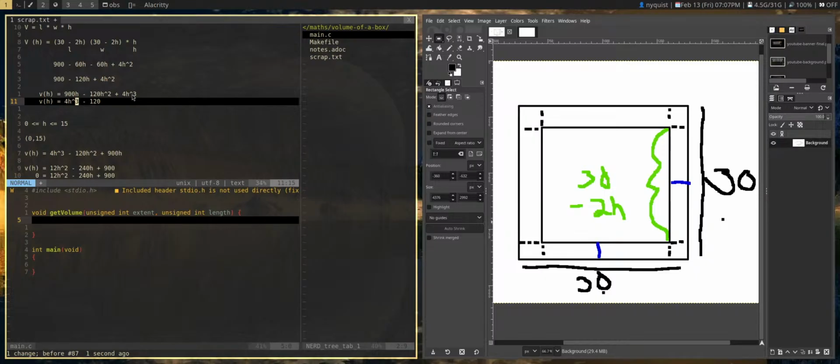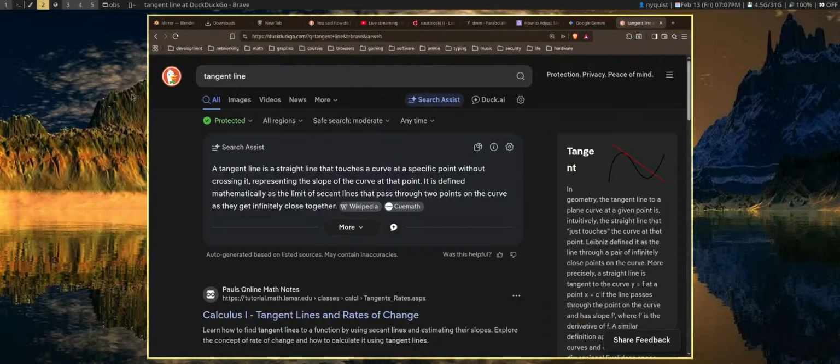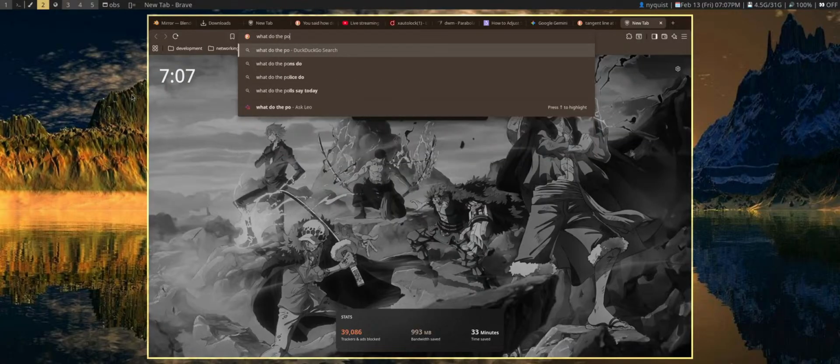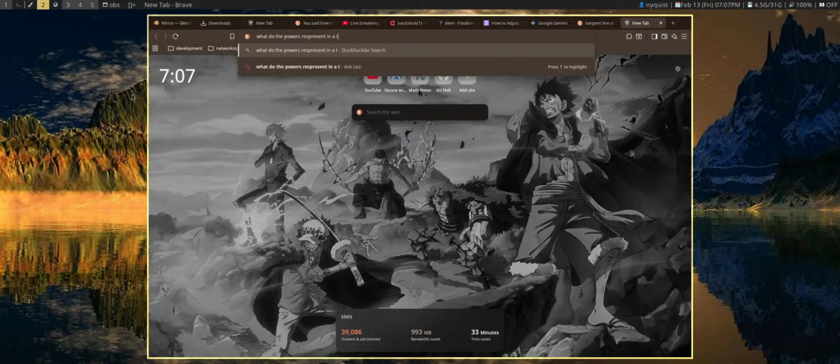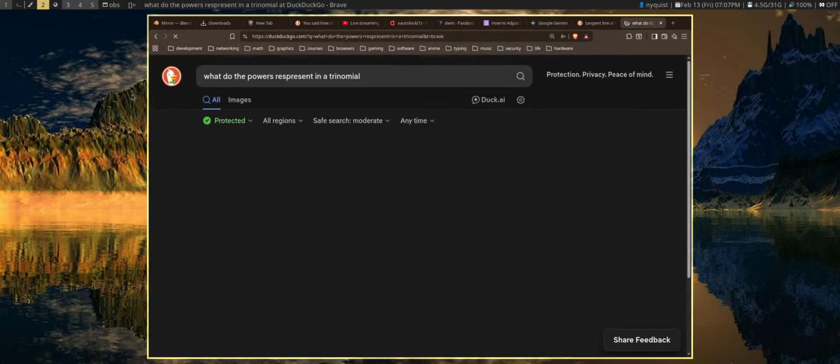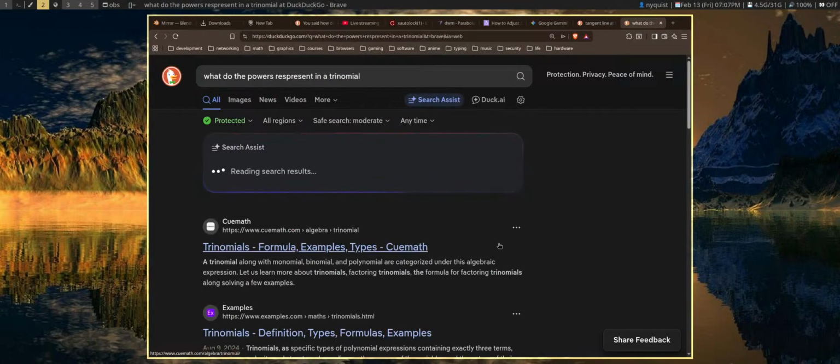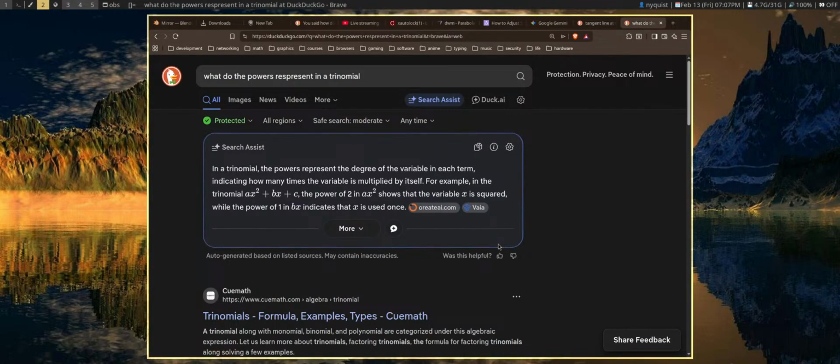What is the word for the powers in a trinomial? I just forgot the word. The degree.